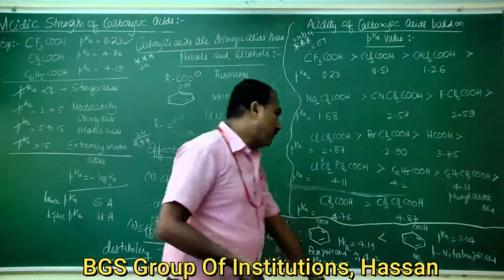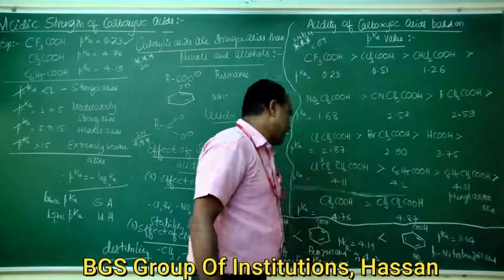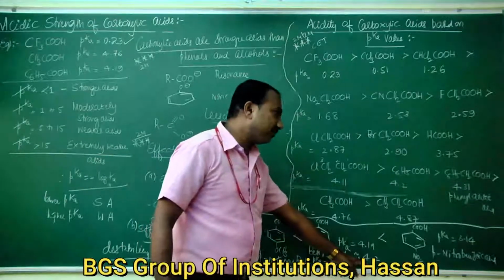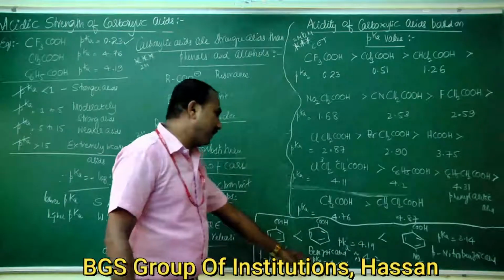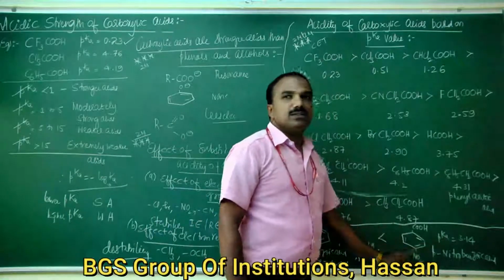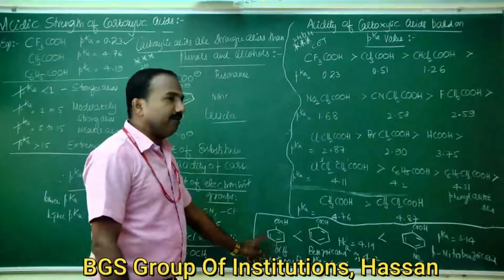So higher the value of pKa, weaker is the acid. Lower the value of pKa, stronger is the acid.